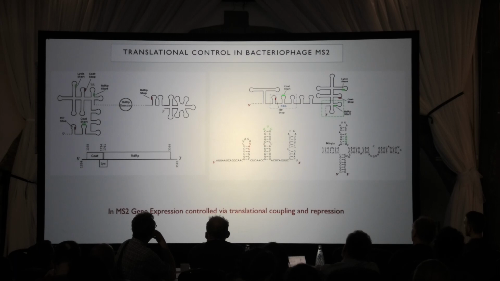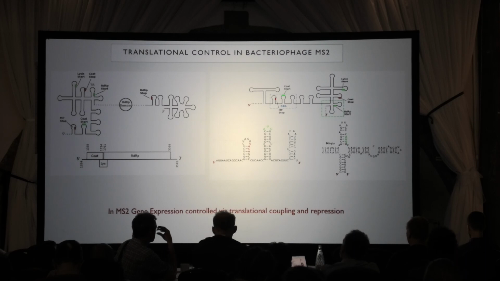This is a cartoon diagram of the coat and lysis region, near the 3' end of the genome. If we blow up this section and stretch it out, you can see the coat start, which is hidden in this hairpin here, and then the ribosomal binding site.